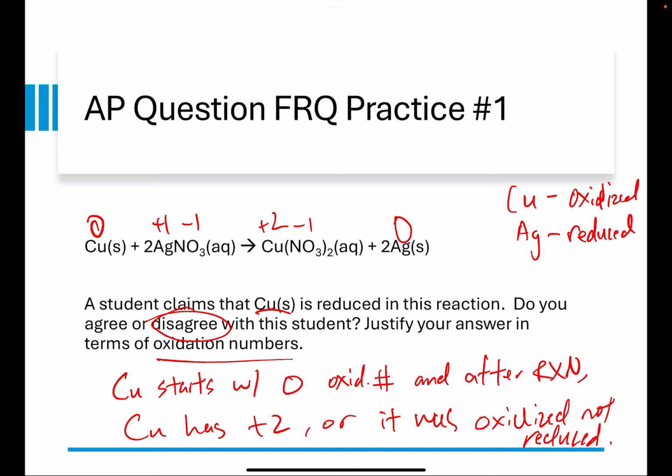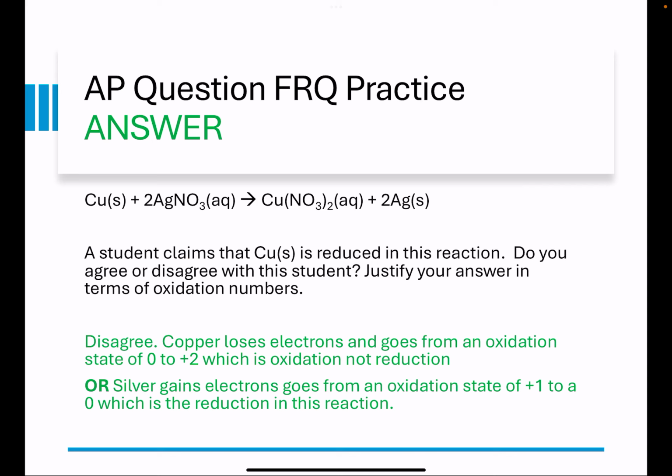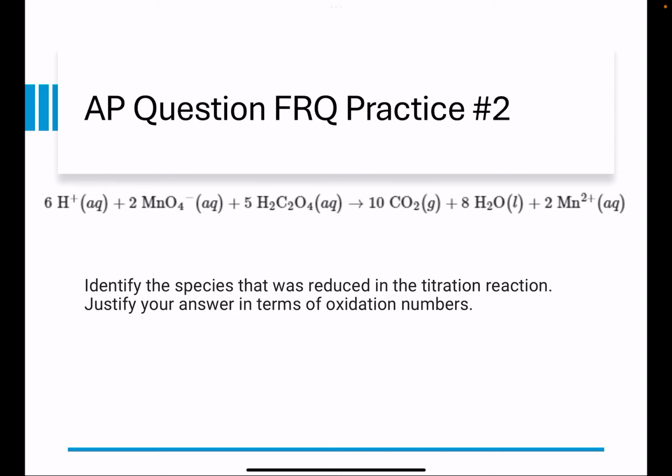Okay, so you have to mention the evidence. You have to mention your claim first, then give your evidence, and then tie it all back with your reasoning. Disagree, copper's oxidation number goes from 0 to +2, so it is not being reduced. Mentioning this will be good too. You could also talk about which one is being reduced. Once you know that, then we know the other one has to be oxidized.